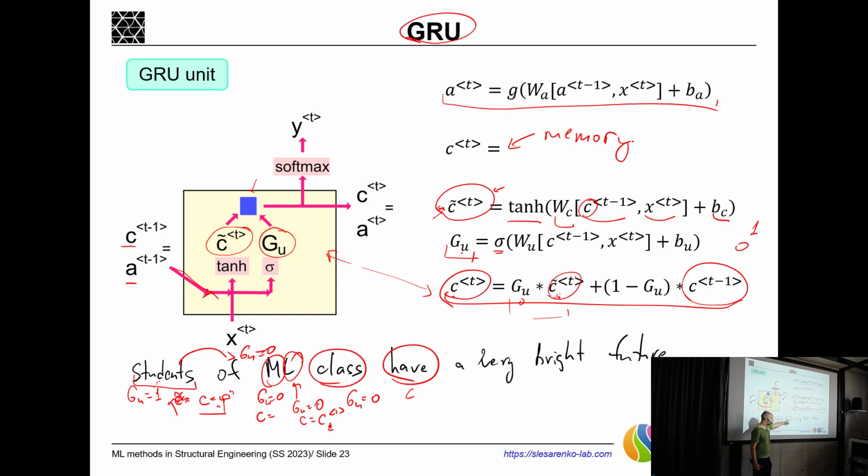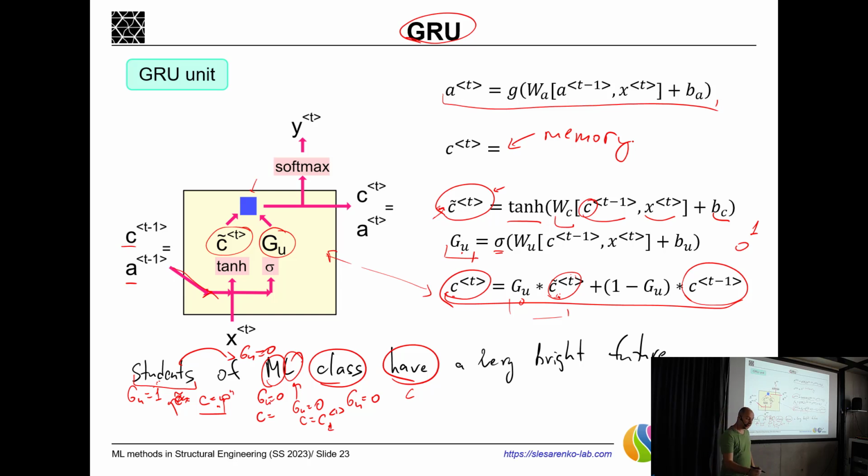And only when we see a word that is relevant to students, a word for which it's important if it's plural or singular, we get our gate unit equal to 1, because the weights were trained in this manner. The weights will tell us that if we see this particular word here, that means this memory is important. And that's exactly how we can remember things about the previous words when we make a decision, if our neural network makes a decision whether it's has or have.